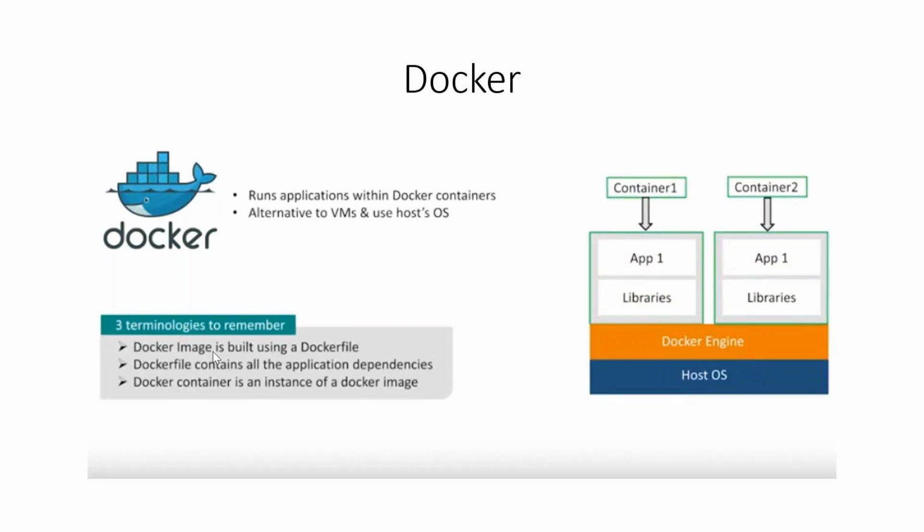In the same way, if you want to use some software in Docker, the software is available in the form of images in the Docker world. So in the Docker world, you can treat an image like software in our world. This software can be built using a Dockerfile. We're not going to see how to create Docker images and all, but you need to understand that using a Dockerfile we can create a Docker image.